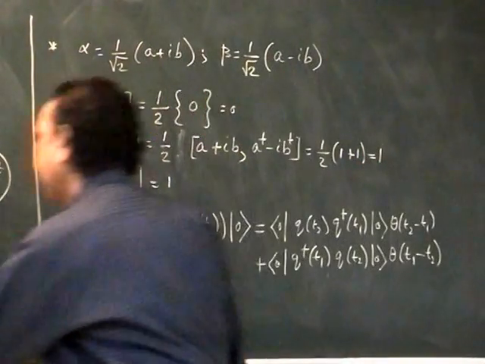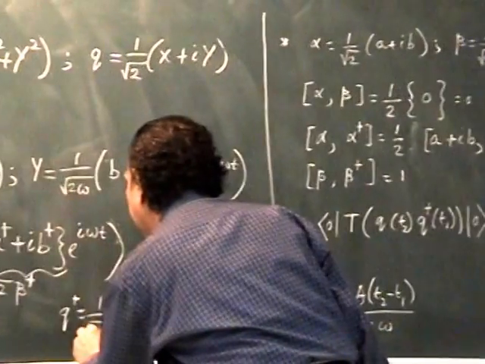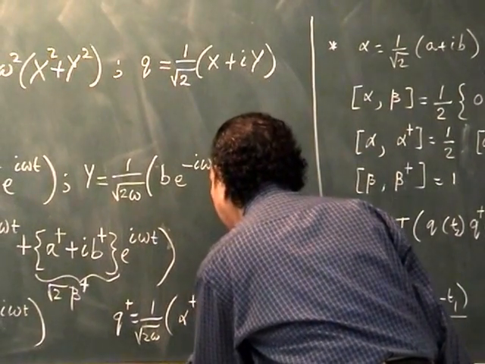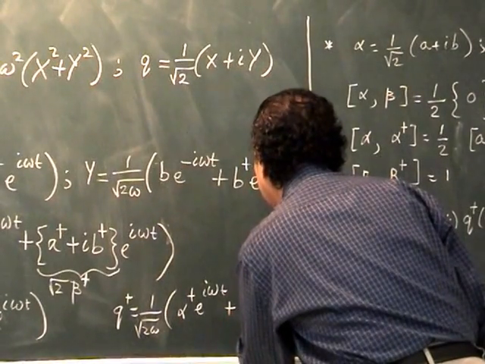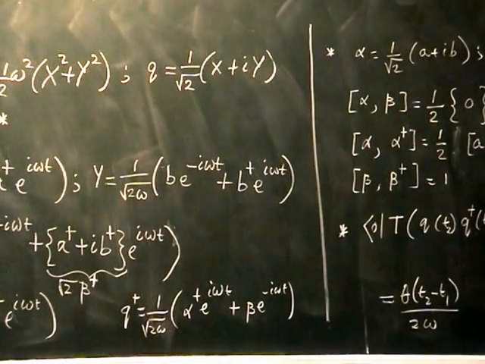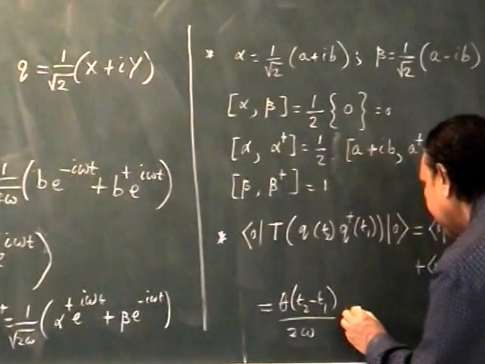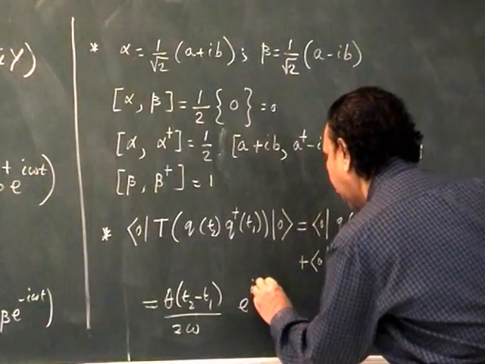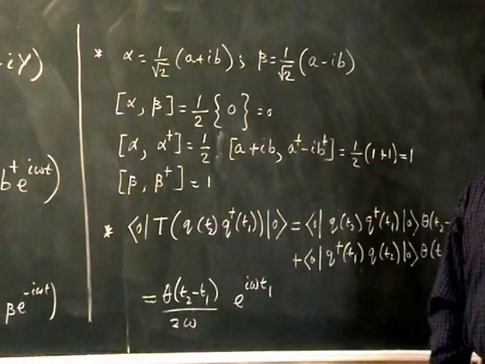That means, okay, maybe it is a good idea to write the dagger expression here. 1 upon root 2 omega, alpha dagger e to the I omega t, because when you take a dagger that sign flips, plus beta e to the minus I omega t. Okay. So when this thing acts on the ground state, I am going to pick up just the e to the I omega term there. That is going to be e to the I omega t1. So that has made it into a one-particle state.